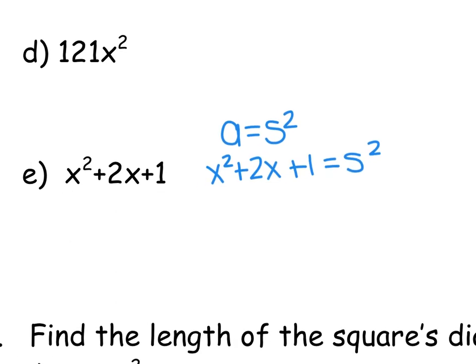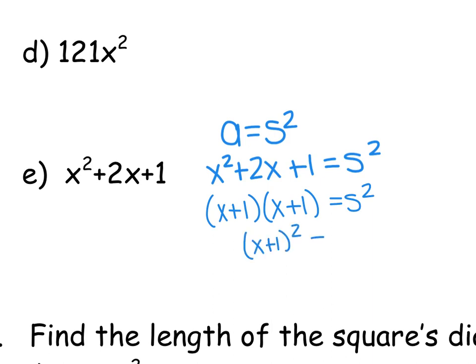If we factor this, our factors of 1 that add up to 2 are 1 and 1. So x plus 1 times x plus 1 is x plus 1 squared.